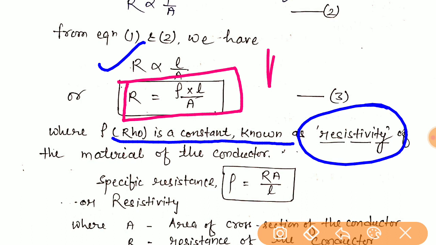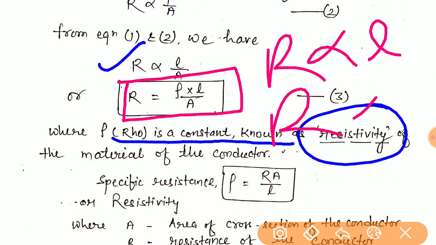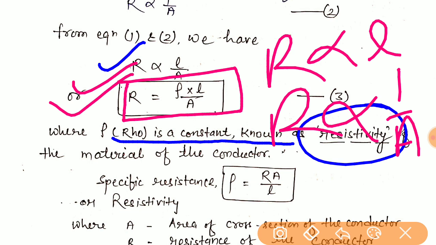We have seen that R is proportional to L, and inversely proportional to 1 upon A. On combining these equations, we get R is equal to rho L upon A, where rho is the resistivity. It is known as the specific resistance.